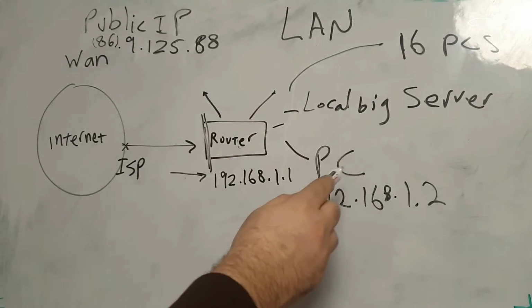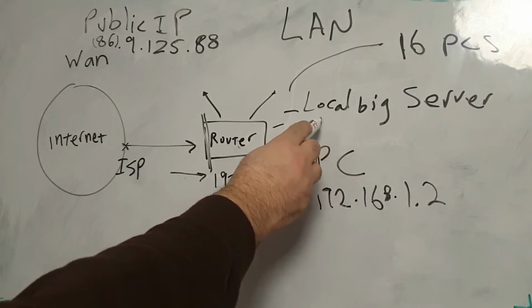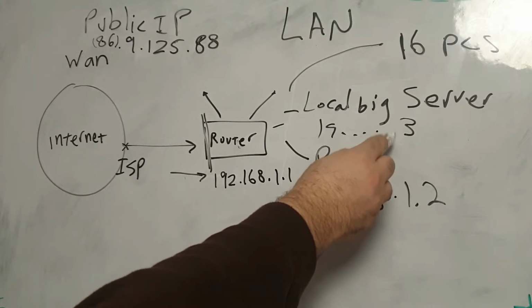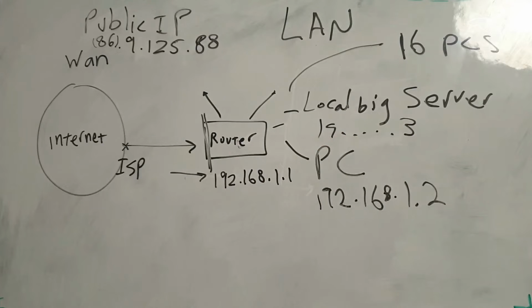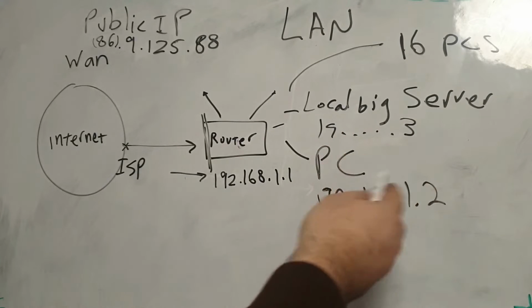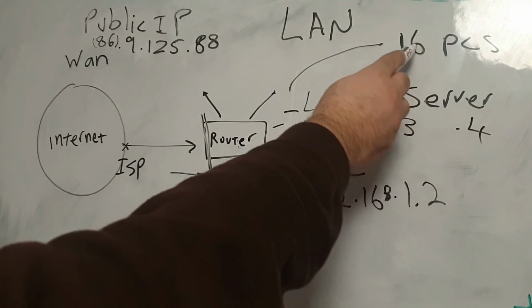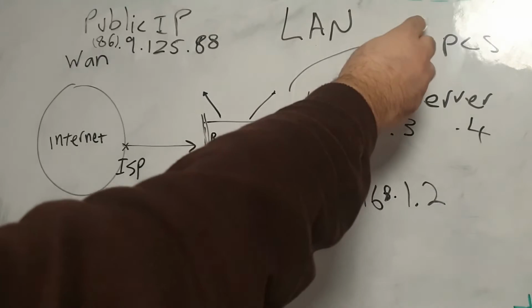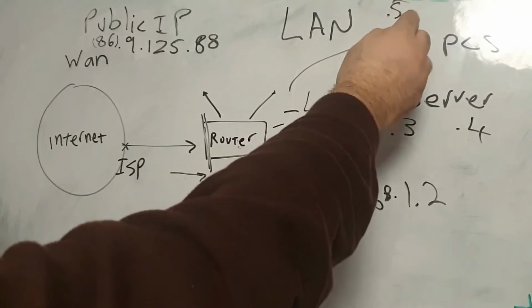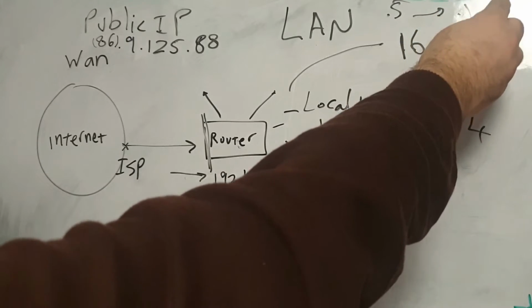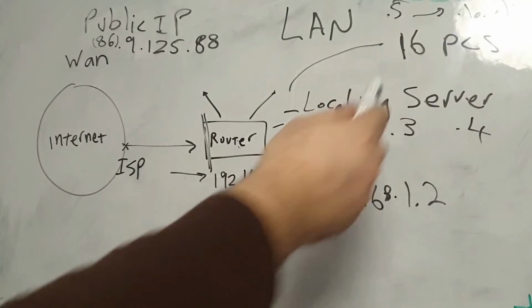Your server will take 192.168.1.3, and the ILO part of that, which I will explain later on, might take .4, and these 16 PCs take from .5 all the way to whatever, like .10, .11, .12, and all of that.